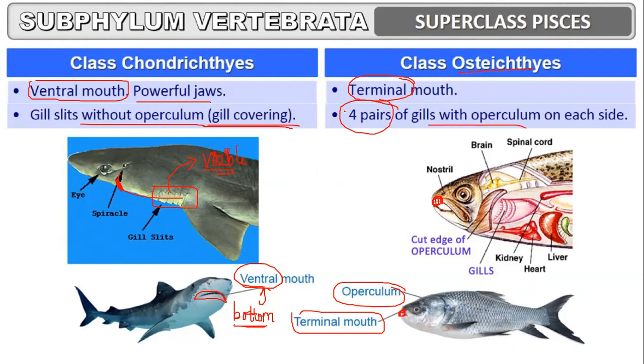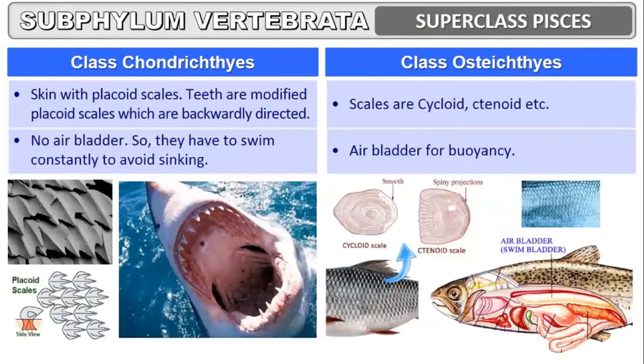You might also have seen your mothers removing this operculum while removing all the unnecessary materials from inside the fishes. So look, the gill slits are not visible. They are externally covered by an operculum. Okay, so these are the 2 points.